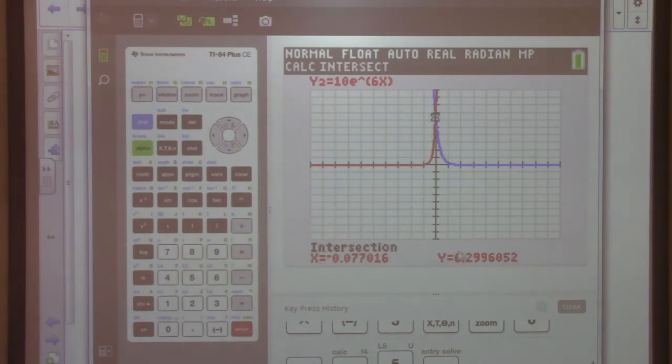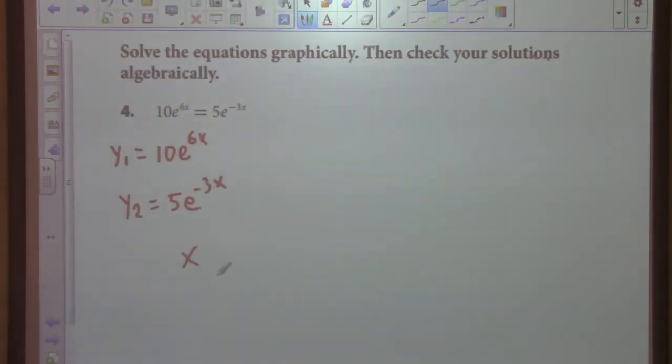Second trace, 5. Enter, enter, enter. And so we got negative 0.077, right? So x equals negative 0.077. Now I appreciate that someone said, check algebraically. Now what the book did is they suggested just taking these numbers and substituting back in for x.